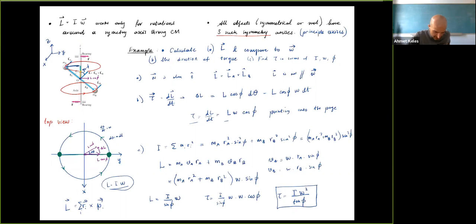We don't know if it's the center of mass. Since we didn't say MA is equal to MB, it's likely this is not going through the center of mass, and also it's not a symmetry axis, right? A symmetry axis would be like this, or into the page. And of course, the location of the symmetry axis point depends on MA and MB. So basically, this is not true for this equation. Thanks for asking that. Okay, let's continue.